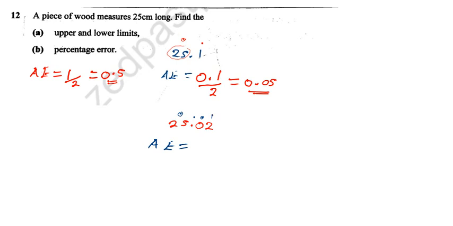So it will be 0.01, and then we divide by 2. When we divide 0.01 by 2, we get 0.005. That will be our absolute error. So that's how to find the absolute error.